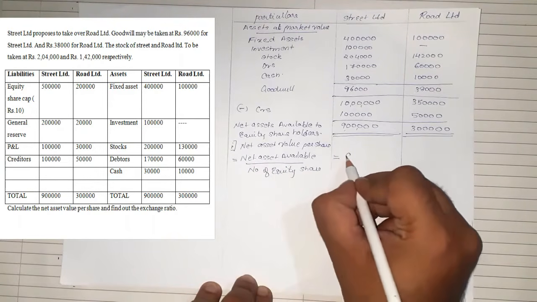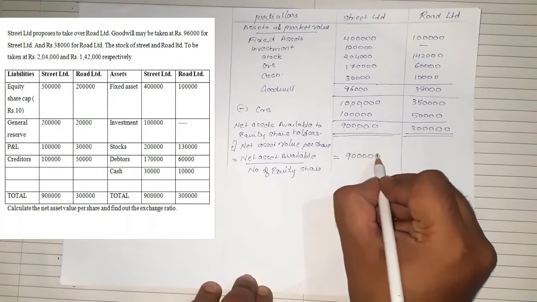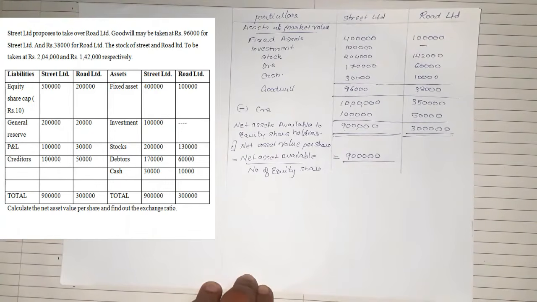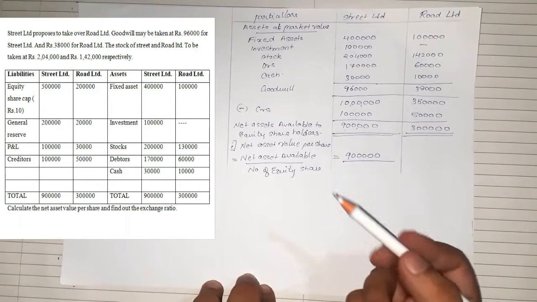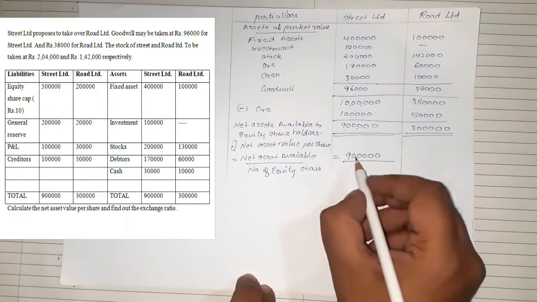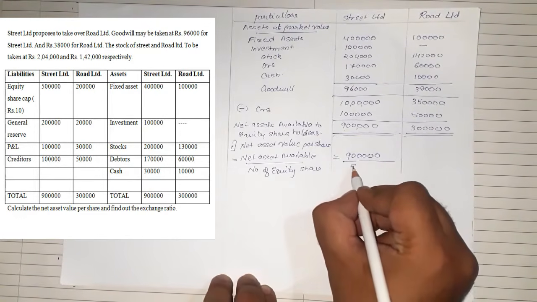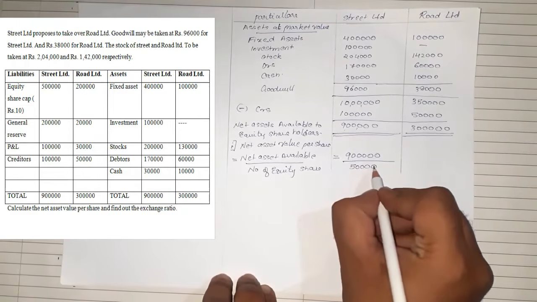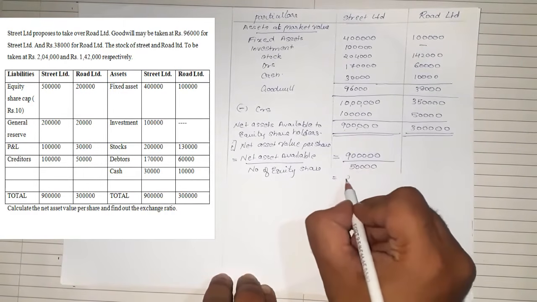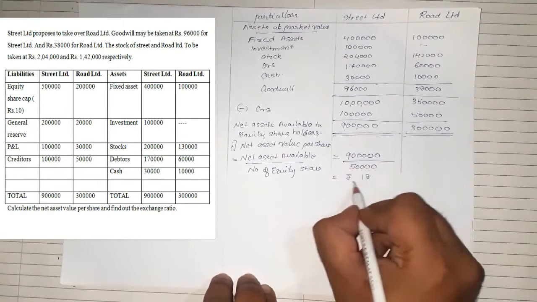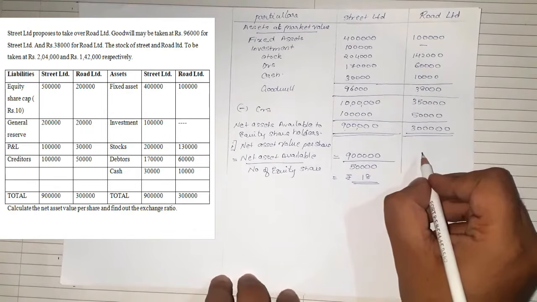Now the net asset available for the first is 9 lakhs upon, now to find the number of equity share, look at this very carefully. In total, equity share value is given as 5 lakhs, so 5 lakh of 10 each. So 5 lakh divided by 10, the number of equity share we should get is 50,000. 9 lakh divided by 50,000, we will get rupees 18 per share. That's the first net asset value of the share.